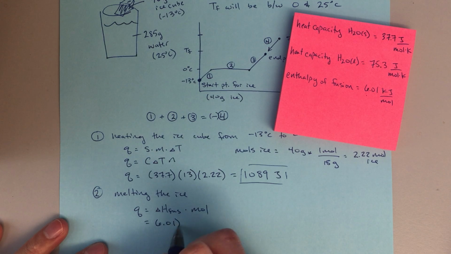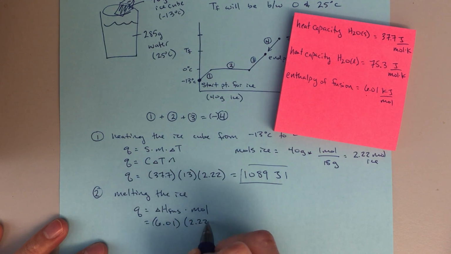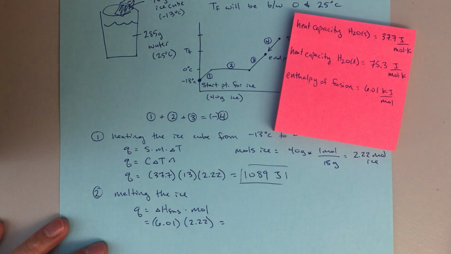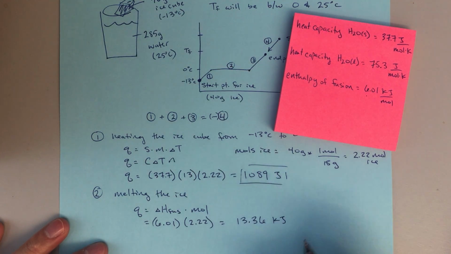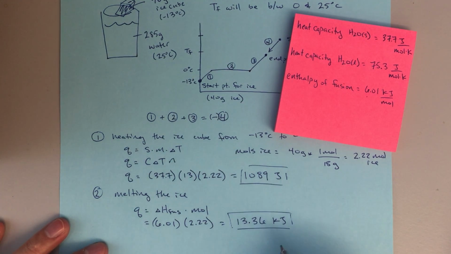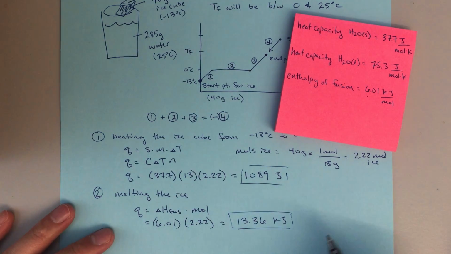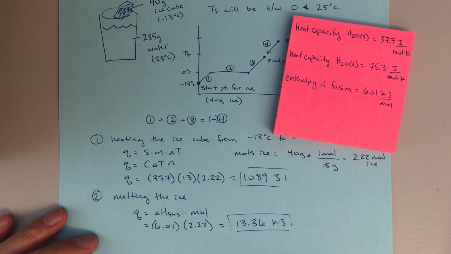So 6.01 times 2.22 gives me 13.36 kilojoules of energy. So this is the amount of energy it's going to take to do that phase change. For that ice cube to turn into liquid water at 0 degrees, it's going to take 13.36 kilojoules of energy.